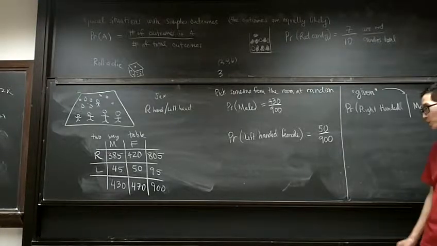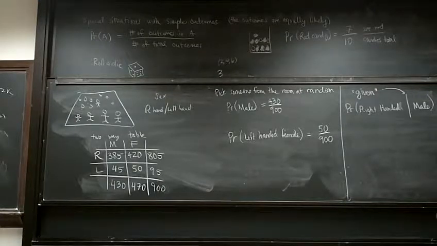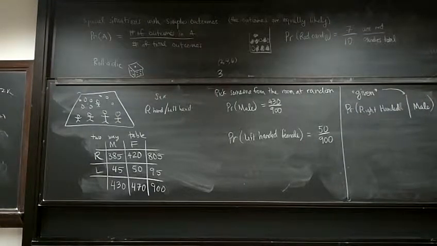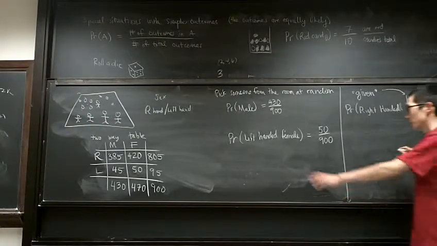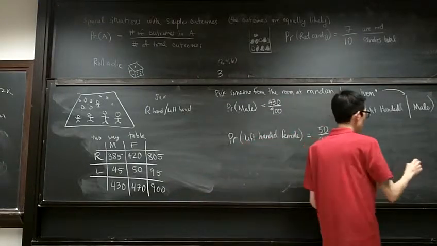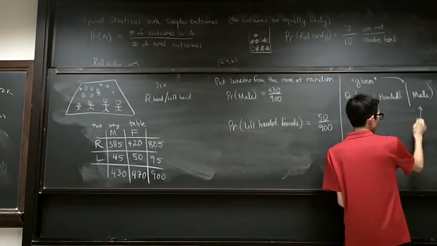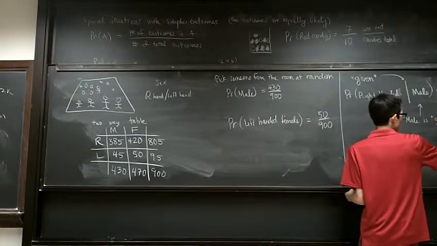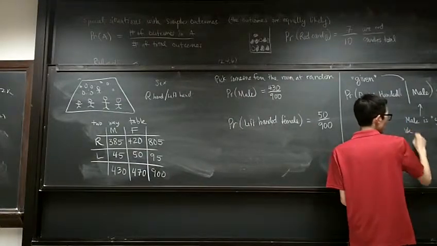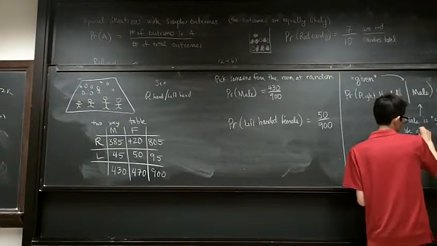And what's the probability that this person is right-handed? So this is 385 people out of 430. So I'm just using the information from the table. Male is the given, right? So that means we are limiting ourselves just to the males.